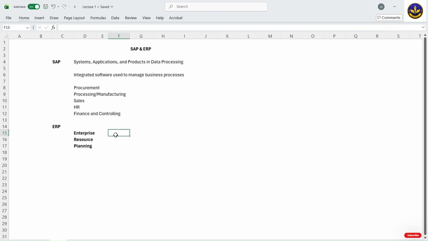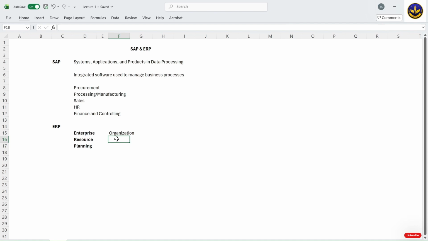So enterprise, what do you mean by enterprise? Enterprise is actually an organization, or you can say business, or entity, or anything which is involved in the process of manufacturing or selling the thing.